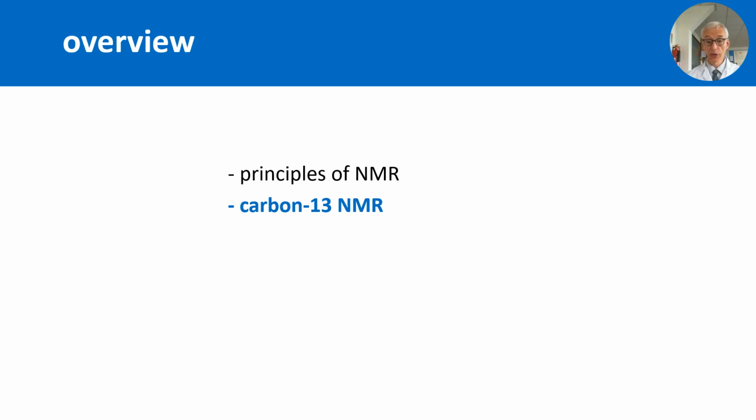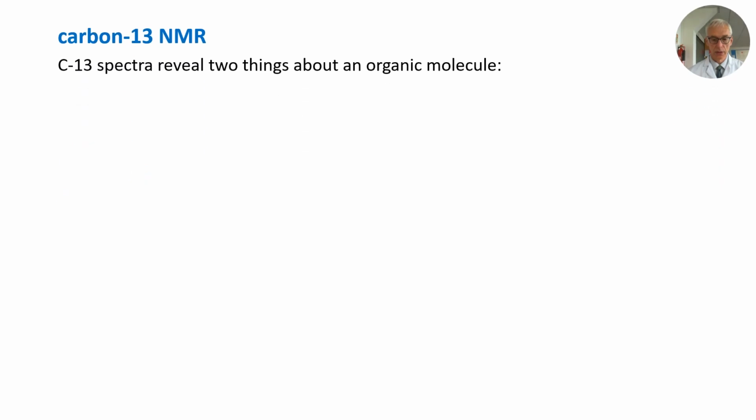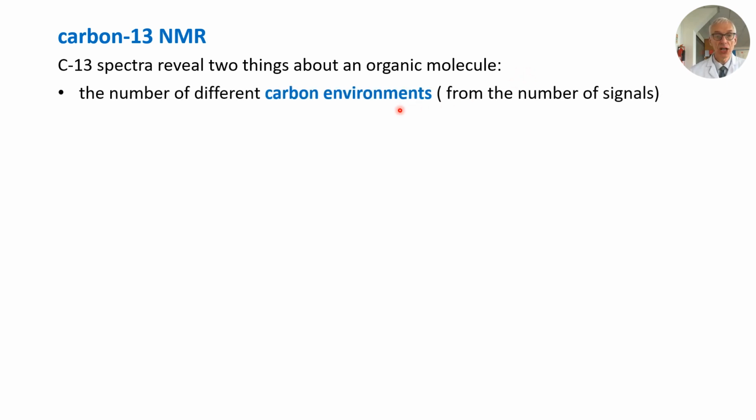So let's move on to look at some carbon-13 NMR. Carbon-13 spectra reveal two things about an organic molecule. The first is the number of different carbon environments, and we get that from the number of signals.